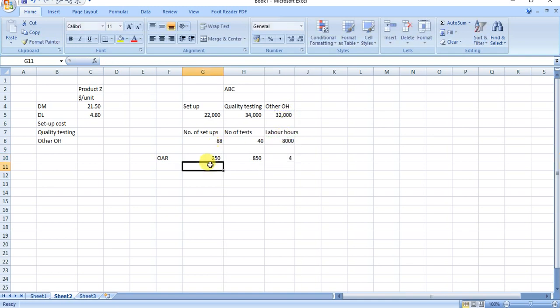Better to write the units. This is that many dollars per setup. This is that many dollars per test. That many dollars per labor hour. Cool. Now you take product Z. Product Z, how many setups does it take?